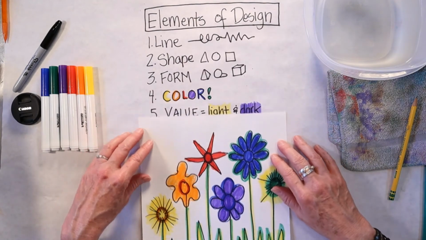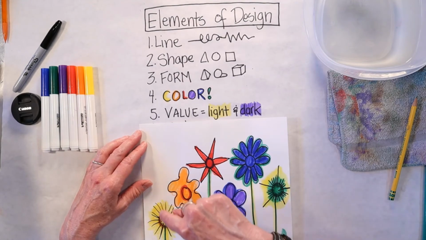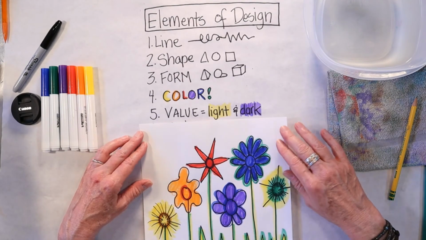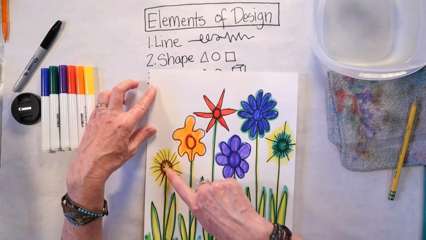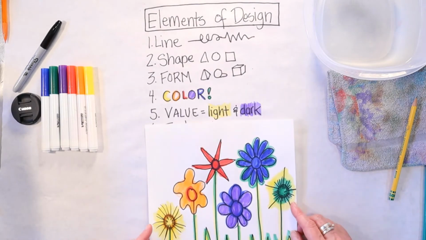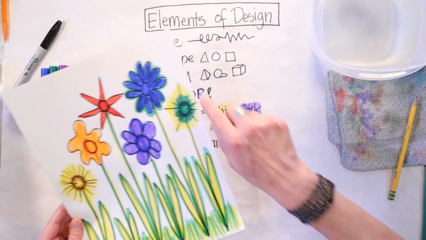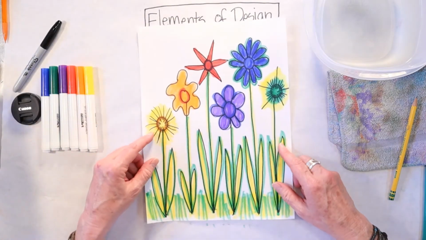Check, check. Did we use value? Yes, we have light colors and dark colors. Check. Texture, yes, we use texture totally. We've got our dandelions with our texture totally. And last one, did we fill up the space? Check. You guys are rocking it.